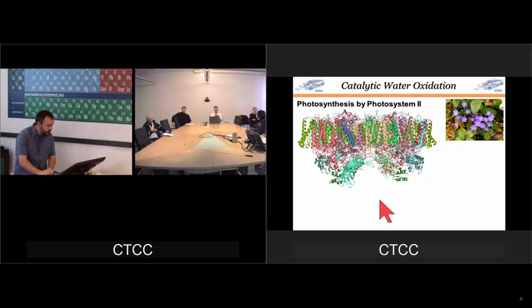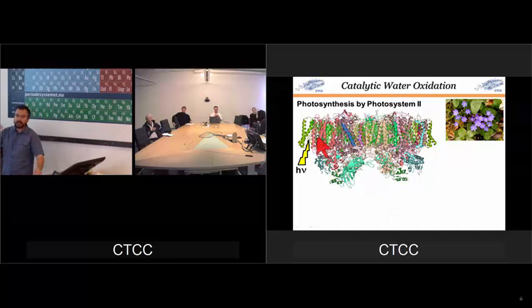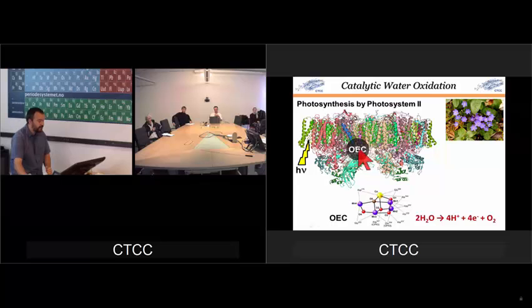But anyway, sunlight is absorbed somewhere over here by a chromophore. There is electron excitation, there's a potential generated which somehow travels to this region here, and then buried somewhere here, it's not really visible in that picture, you have this oxygen evolving complex, which is stabilized by many different amino acids, and that's the one that really does the chemistry.